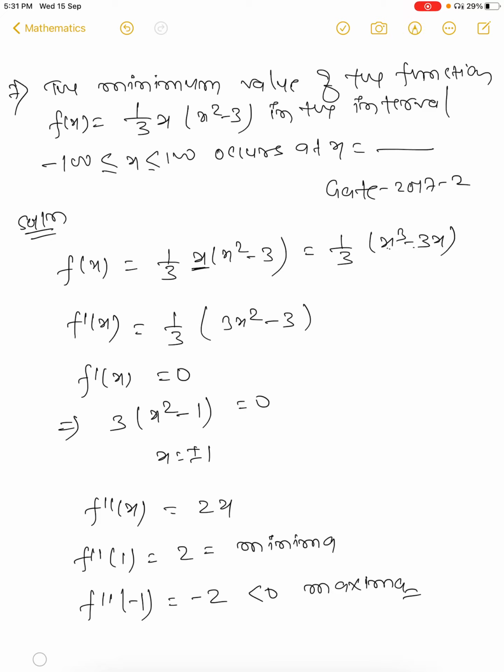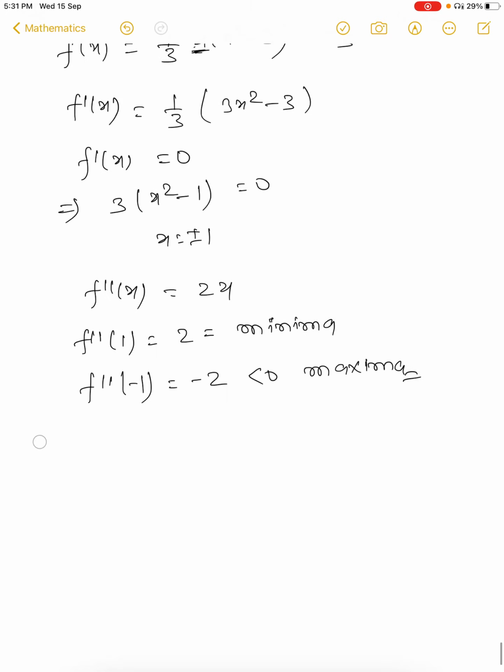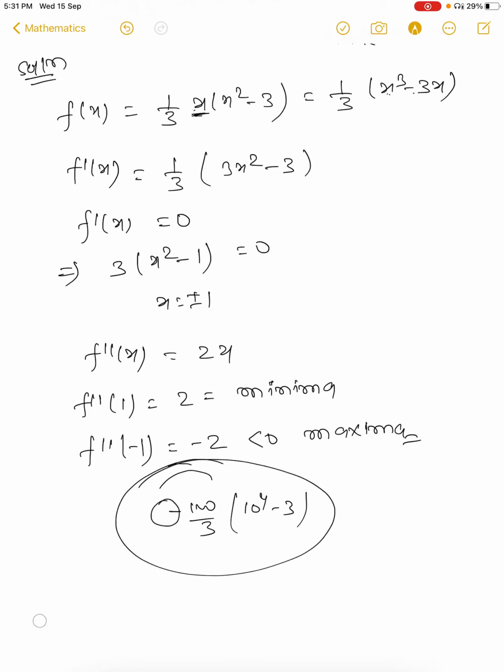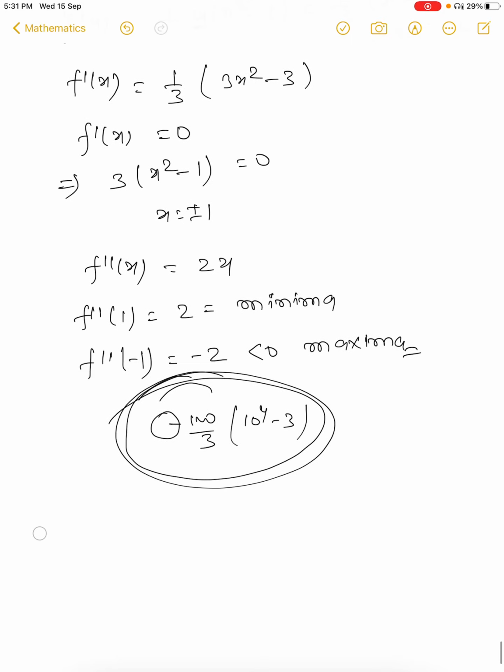So that's why I am discussing minus 100, minus 100 cubed by 3, minus 3. Due to this negative sign, it will be the max minimum value of the function, and it will occur at x is equal to minus 100.